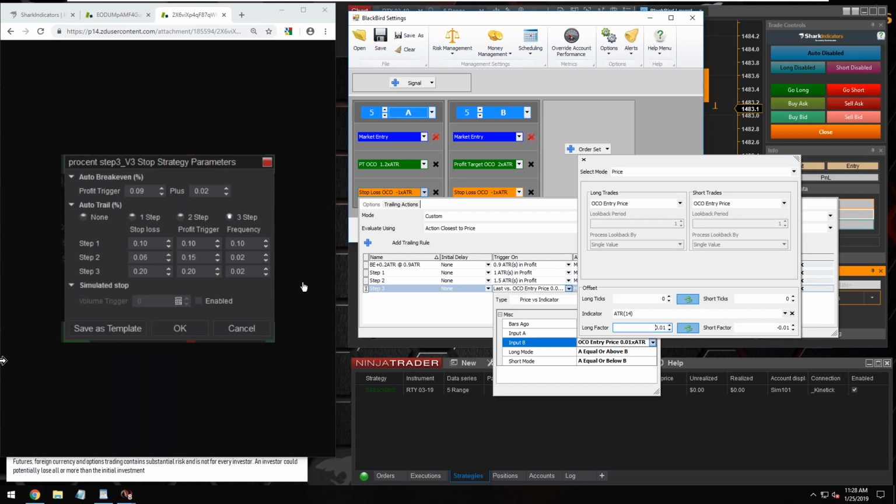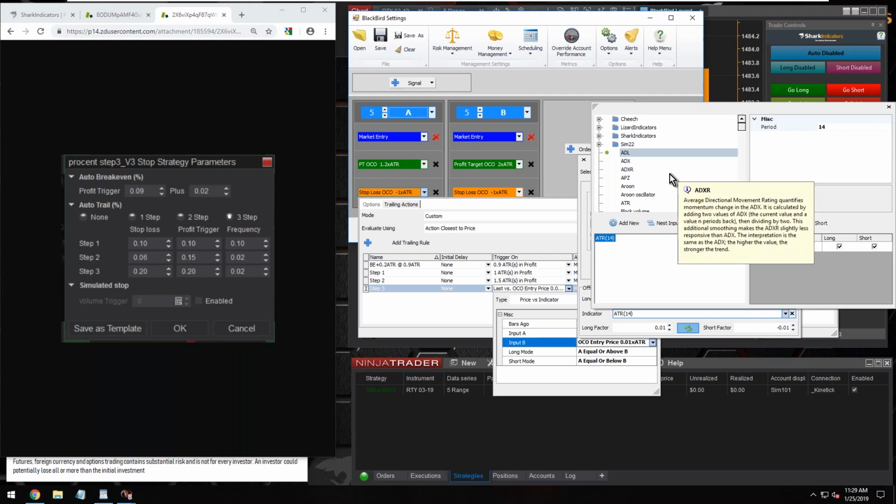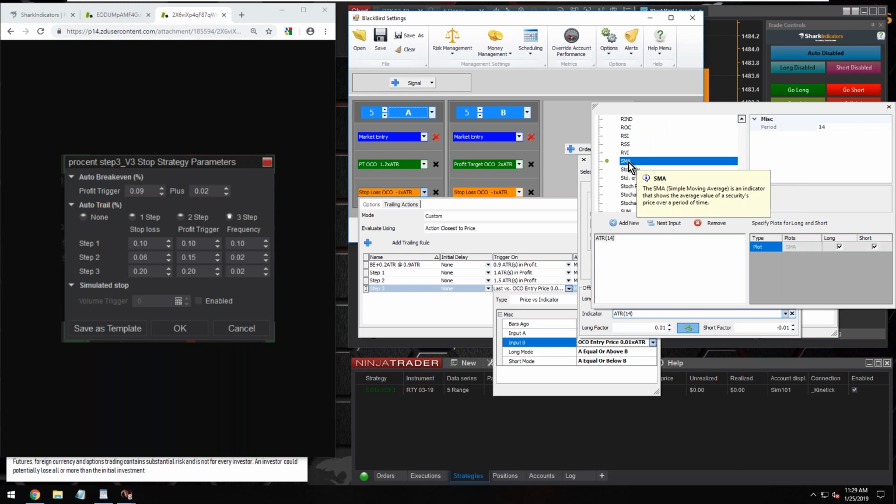So let's see if we can find something that would give us this workaround that Theodore's got in mind. I think I've got it. We could take the SMA, or EMA would work as well, but I'll just take the SMA with a 1 period.